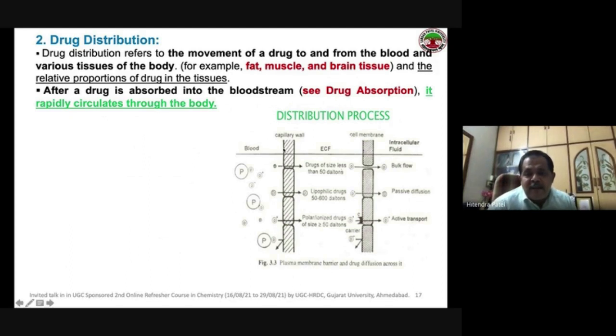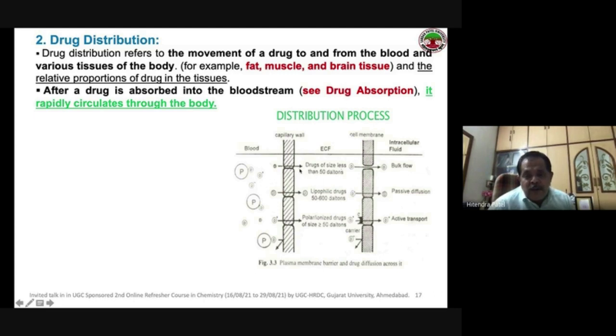Friends, there is the intracellular fluid level, and here the extracellular fluid level we have, and you can see the plasma concentration in the blood plasma, and then the drug molecule, and the fragments of the drug molecule, how they cross this capillary wall. It depends upon the characteristic properties of the fragmentation of a drug molecule, and according to that it enters into the extracellular fluid.